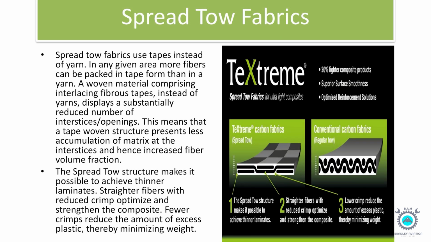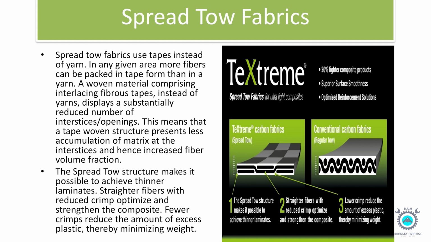Spread tow fabrics. Spread tow fabrics use tapes instead of yarn. In any given area, more fibers can be packed in tape form than in a yarn. A woven material comprising interlacing fibrous tapes instead of yarns displays a substantially reduced number of interstices or openings.